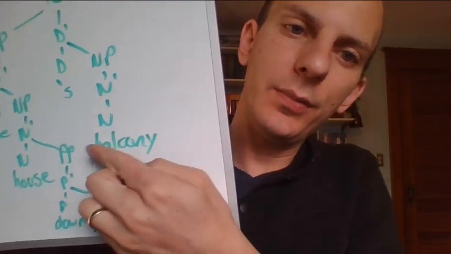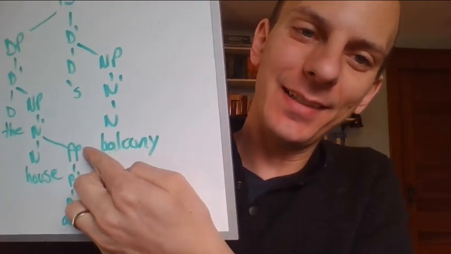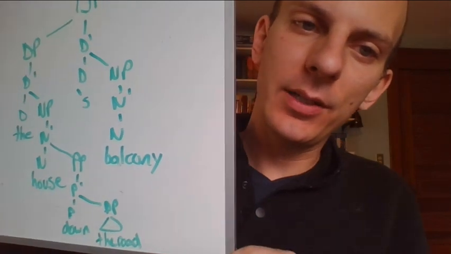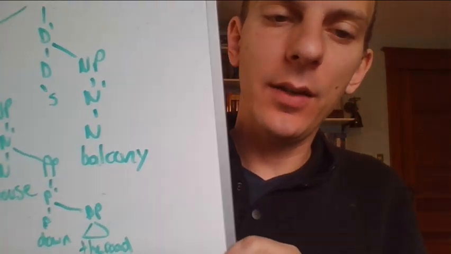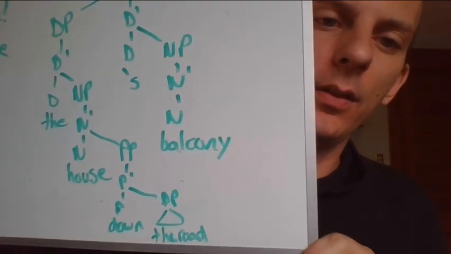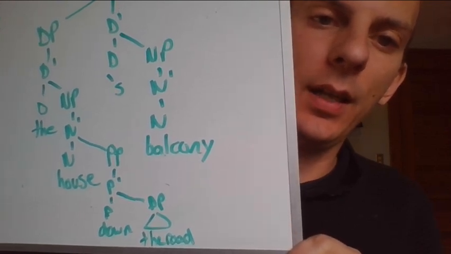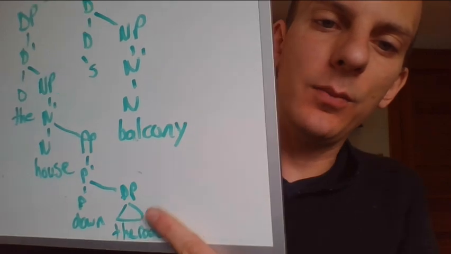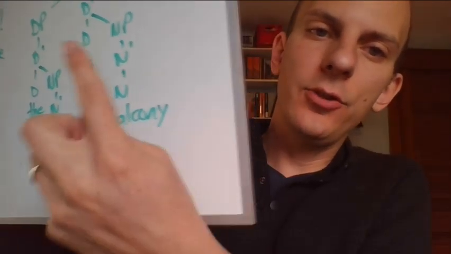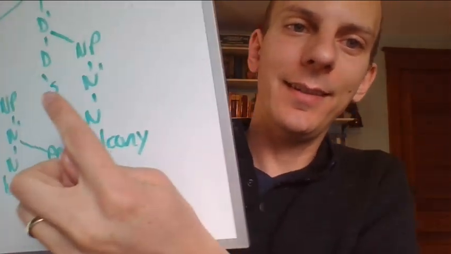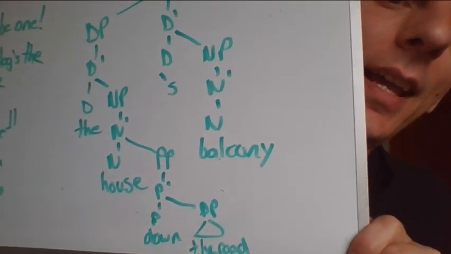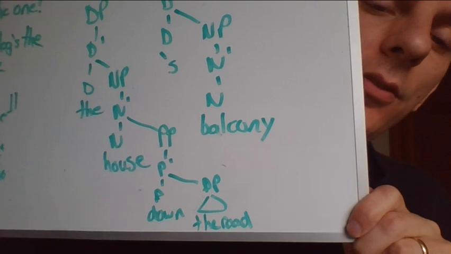This prepositional phrase over here, apologies for the whiteboard action, which is down the road. The house down the road's balcony. The house down the road's balcony. And now we see when you add in more material over here, it changes what this apostrophe S, man, I'm getting worse at this as it goes on. It changes what the apostrophe S attaches to.